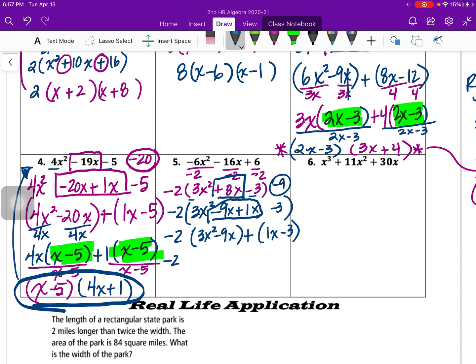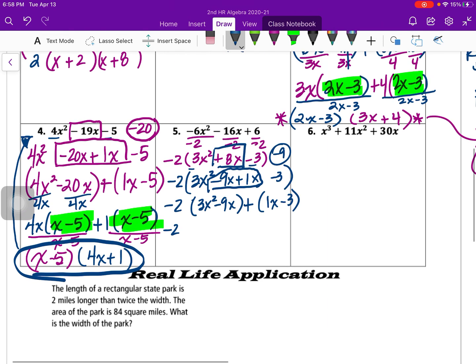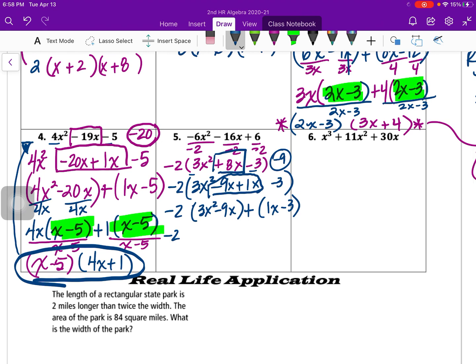Okay, let's keep going. I'm looking for a GCF of the first set of parentheses. So in the first set of parentheses, it looks like to me there's a 3x in common. Okay, so because I'm going to need to multiply here, and have parentheses, I'm going to use a bracket to help me keep this organized.